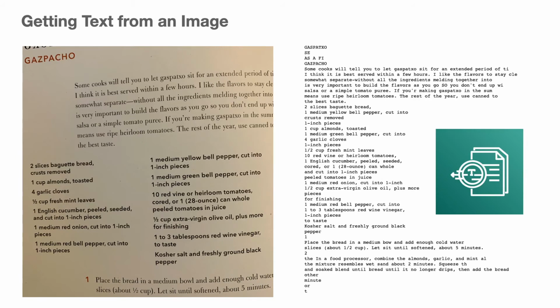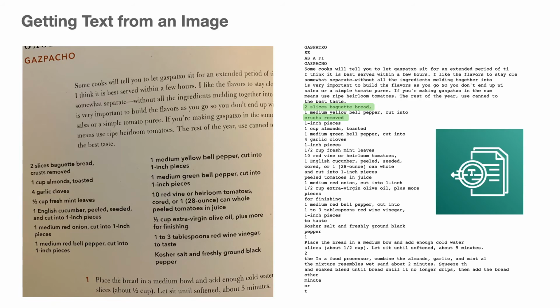But one thing you may notice is what Textract is not so good at is the contextual combinations of lines of text. So for example, we can look over here on the left, the 2 slices of baguette bread, comma, crust removed. And as humans, we can look at that and say, oh, those 2 lines of text are related to one another.